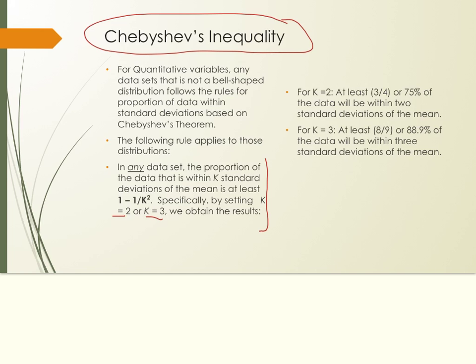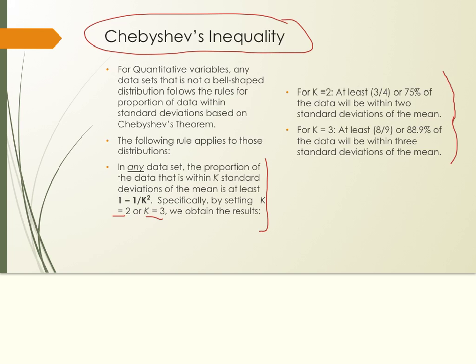For k equal 2 standard deviations from the mean, at least 3/4 of the data, or 75% of the data, are within 2 standard deviations of the mean. For k equals 3, at least 8/9 or 88.9% of the data is within 3 standard deviations of the mean.